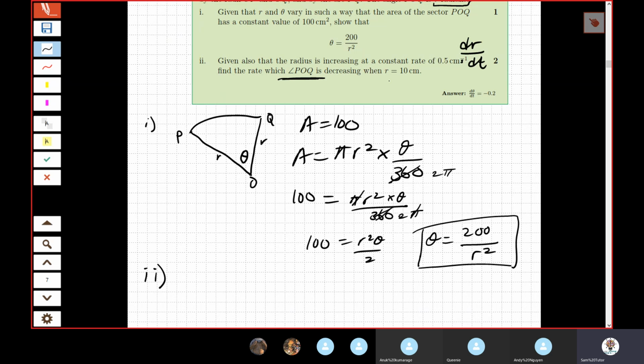Find the rate at which the angle is decreasing, finding d theta on dt. D theta on dt is d theta on dr, that's the giveaway, the second giveaway.